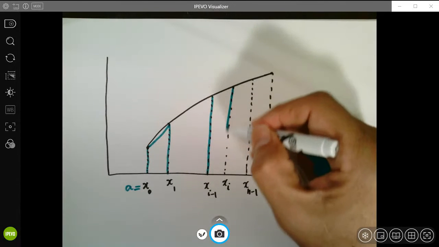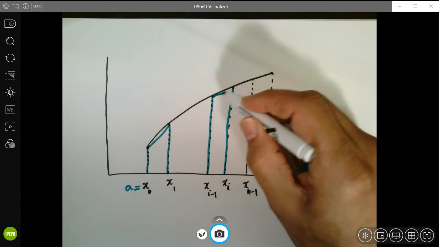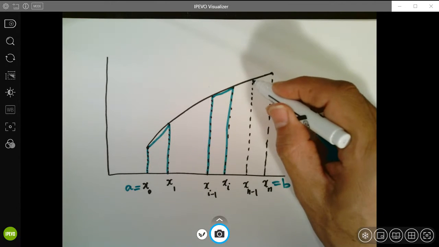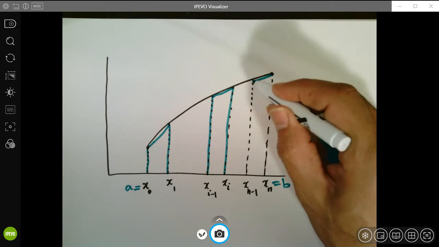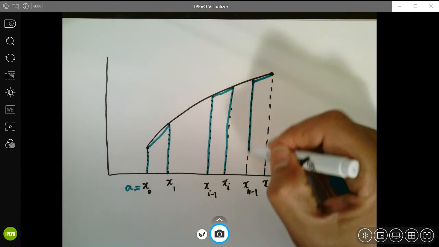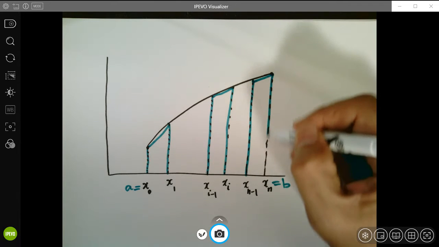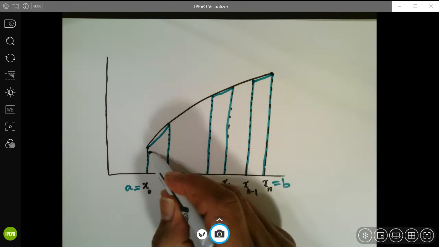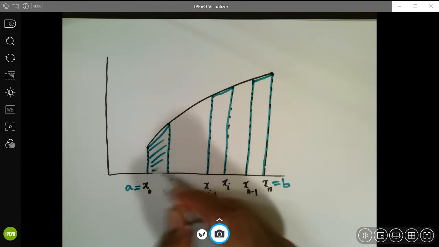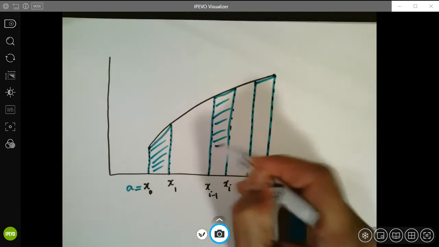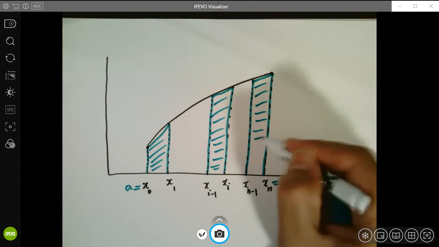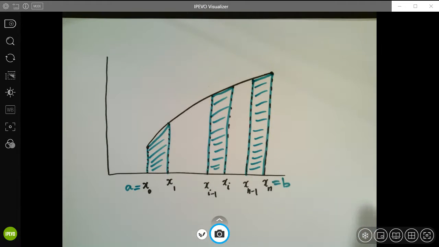In general, this one is almost linear here. The area will be the area of this, trapezoids.